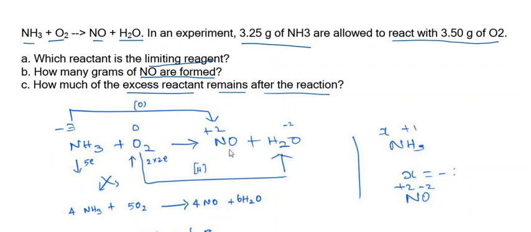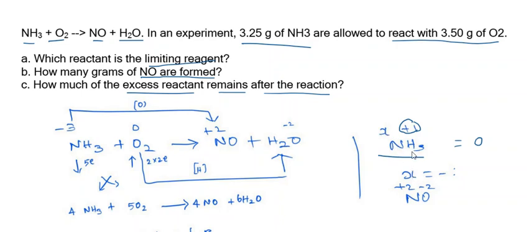Let us consider ammonia. Here plus 1 is the oxidation number of hydrogen, and for any neutral molecule the oxidation state is 0. So for the neutral molecule of ammonia the oxidation state is 0, and we have to calculate the oxidation number of nitrogen.